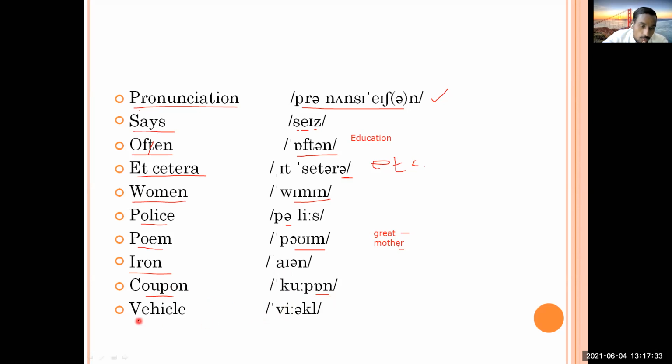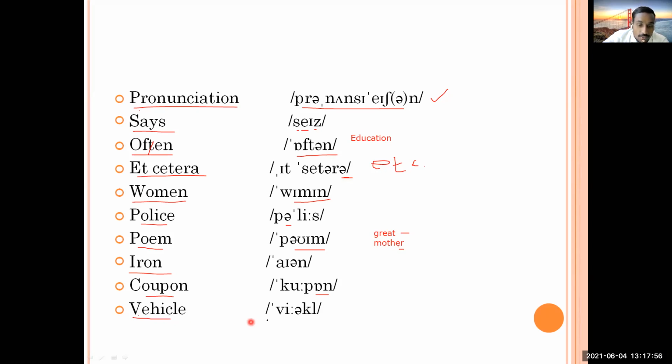Then next, what is this? I will pronounce it. I will tell you. It is vehicle. You people correct me. I will call it vehicle. So what is it? Vehicle.